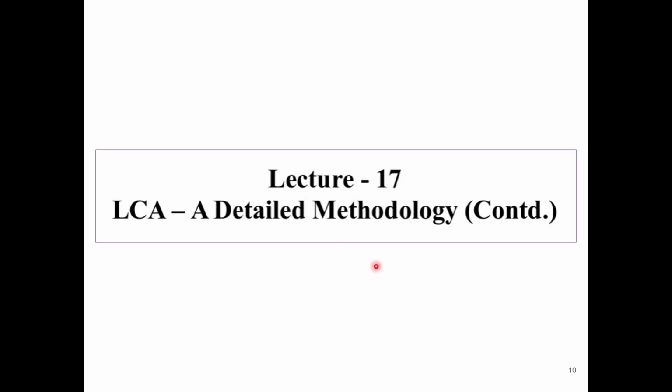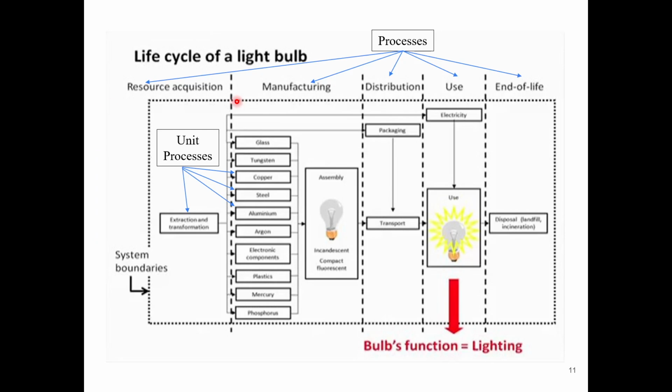So, continuing the lecture. If we talk about the life cycle of a light bulb case, we can see here that, as I told you, this is a system boundary, the dotted line, and inside that we have various processes like resource acquisition, manufacturing, distribution, use, and end of life, and each process has some subunits which are known as unit processes. For example, resource acquisition has extraction and transformation.